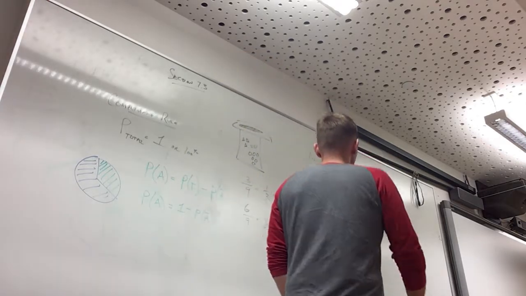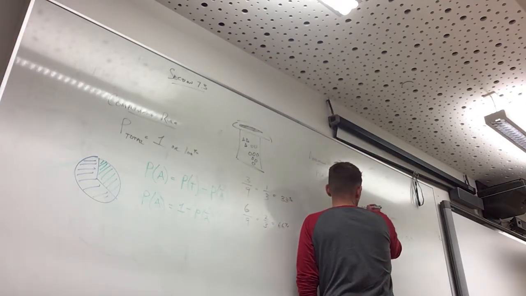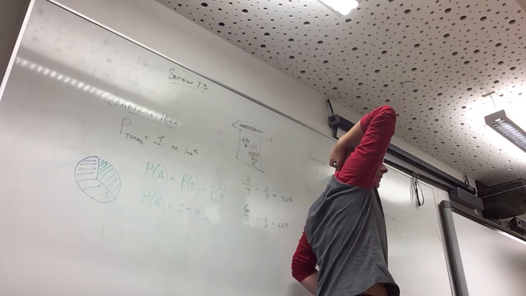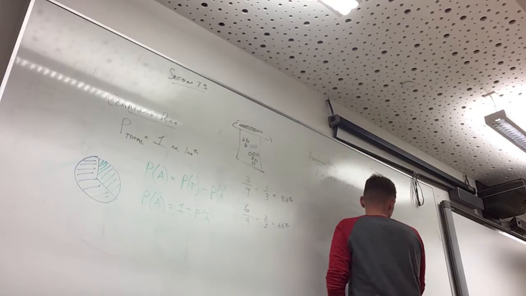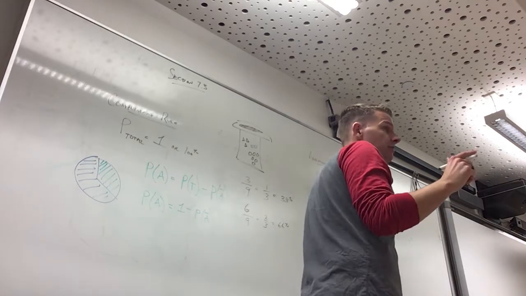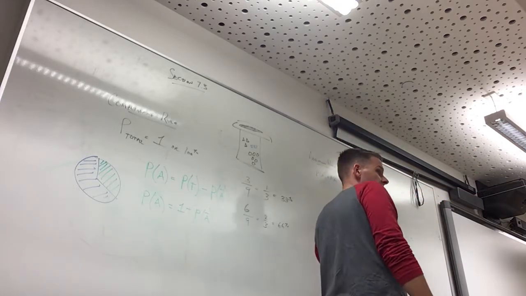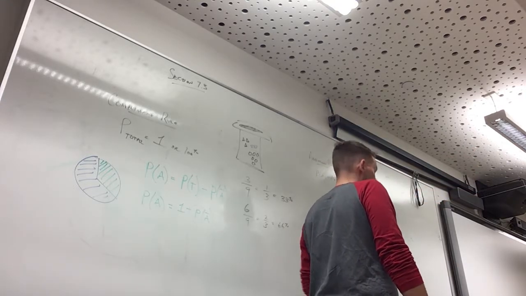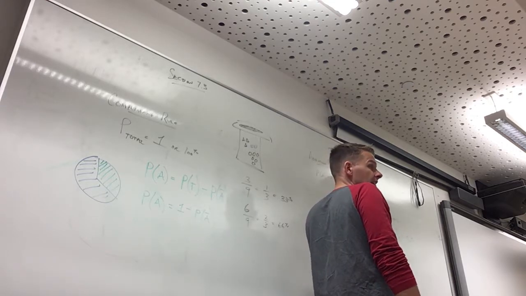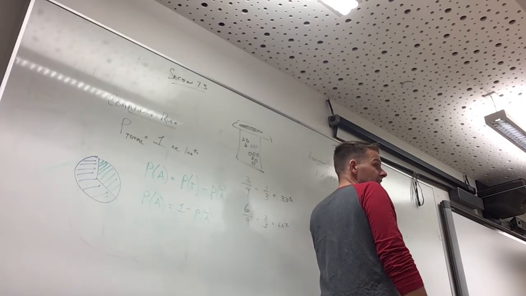Each one of these colors has a number 2. You look at the numbers following them: 1, 2, 3, 4, 5, 1, 2, 3, 1, 2. Part B wants to know, again, we still have 10 tokens total, the probability of selecting a red or number 2 token. How many red tokens do we have? 5.